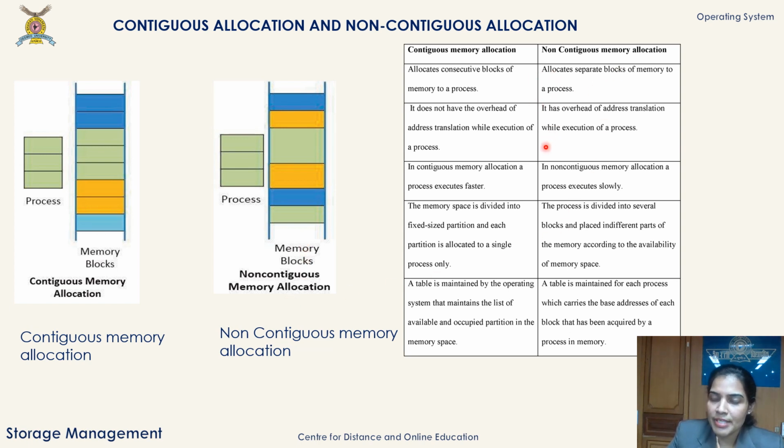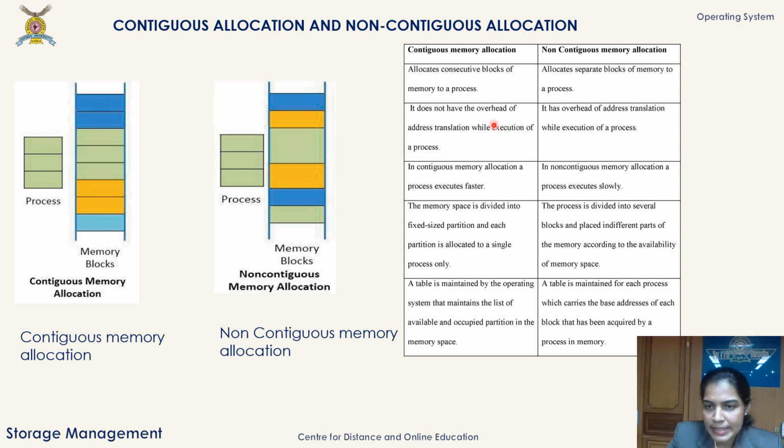On the right side, we can see the differences between contiguous and non-contiguous memory allocation. As we have seen, it allocates consecutive blocks in contiguous, and here separate blocks will be allocated to the process.